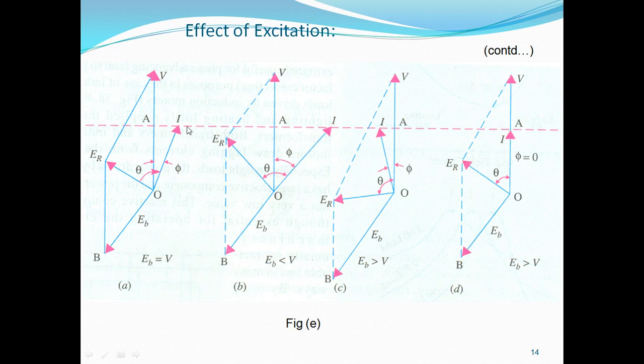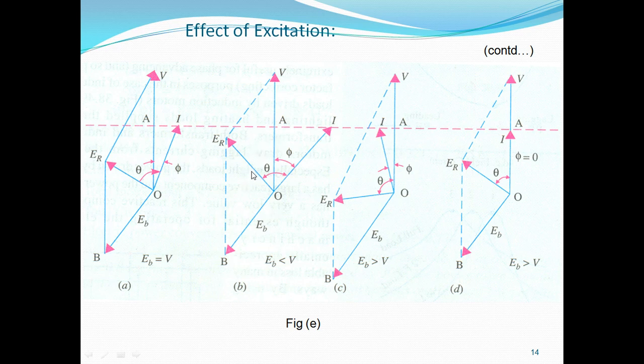If you see here, this is small, this is increased. So under excitation, when EB is less than V, at this condition also the product I into cos phi is constant. So this is called under excitation, where EB is less than V.